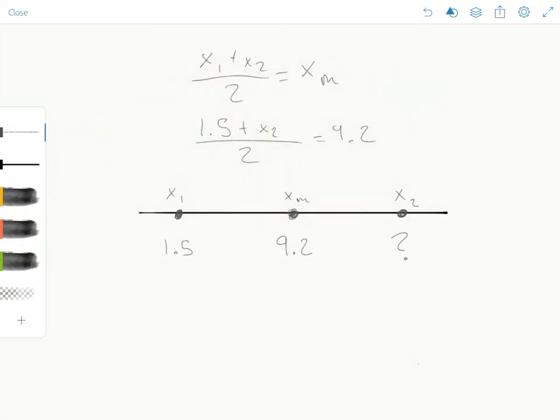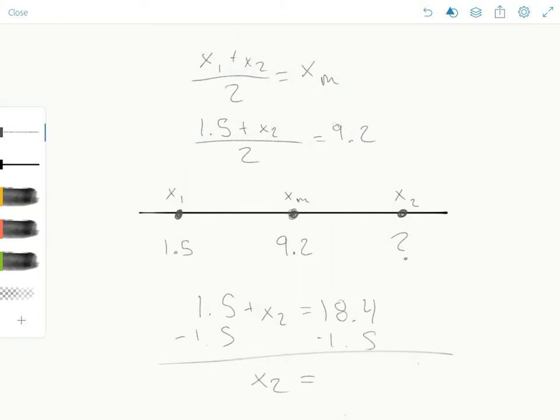So I would multiply both sides by 2 first, and 2 times 9.2 is 18.4. So we've got 1.5 plus x sub 2 equals 18.4. Then subtract 1.5 from both sides and we're done.